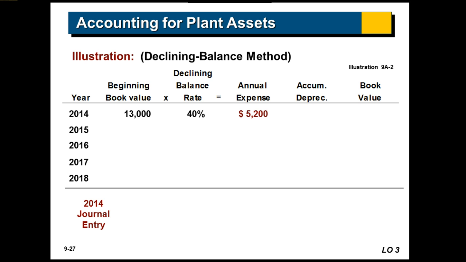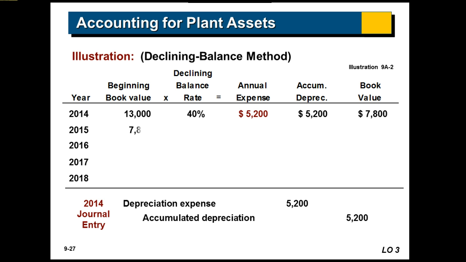So $13,000 at our 40% gives us $5,200. So we'll show that $5,200, and our book value will be the $13,000 minus our $5,200, or a new adjusted basis of $7,800.